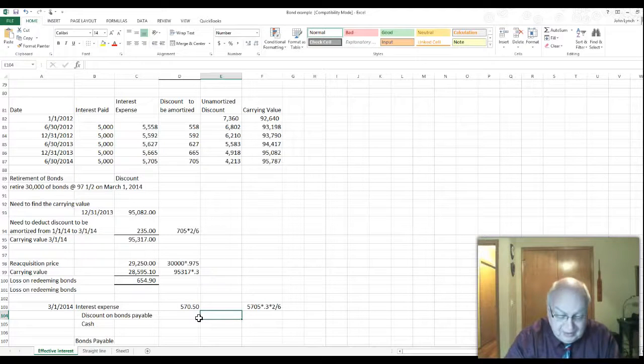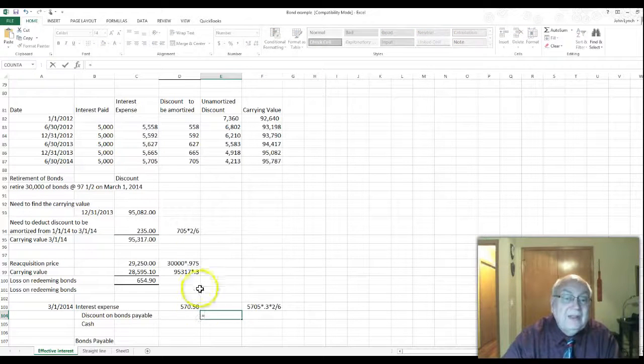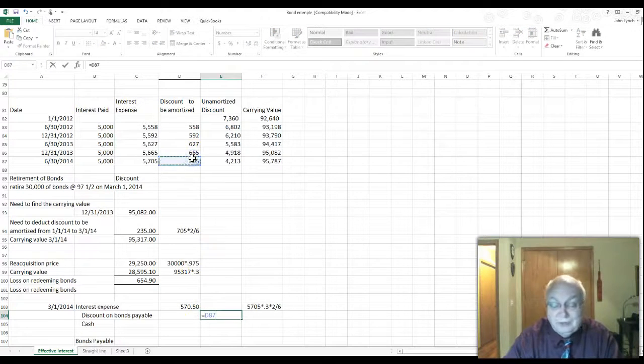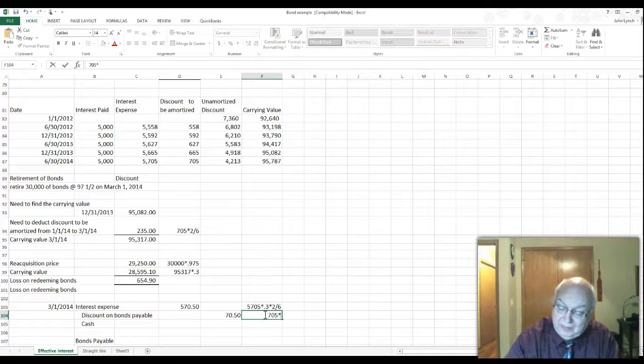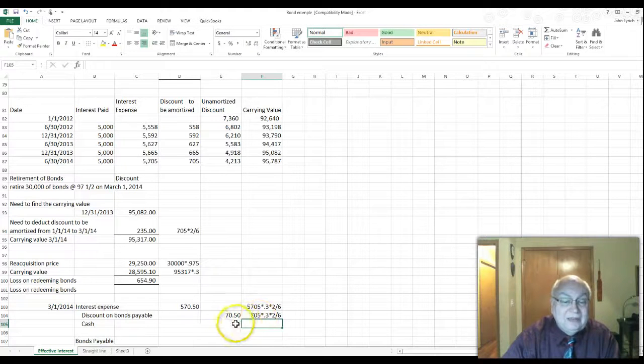Then we have the discount on bonds payable, and again, that is the 705, because that represents the next pay period, but it was only 30% of it, and it's only for 2 of the 6 months. So that gives you $70.50. I'll do it over here: 705 times 0.3 times 2 divided by 6. Because remember, this is next pay period.